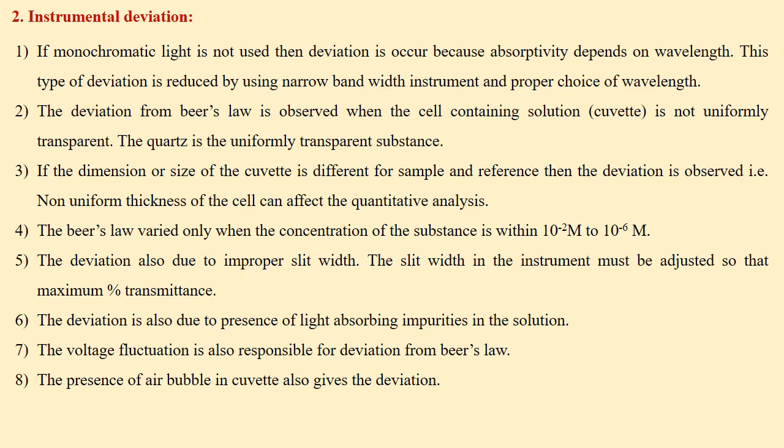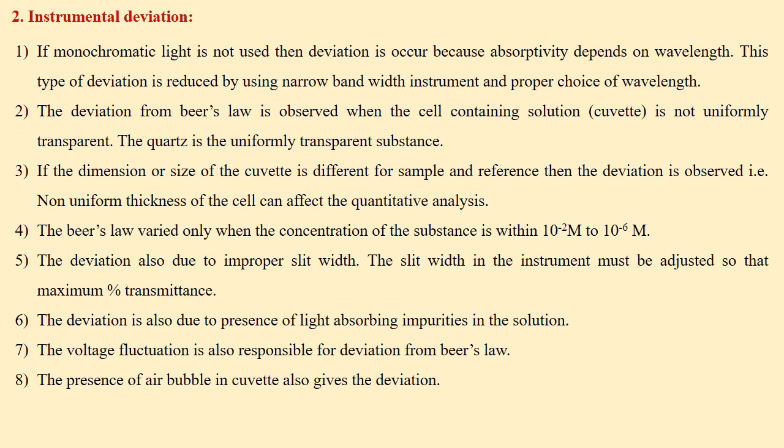Another example of instrumental deviation is that the cell containing the solution is not uniformly transparent. So try to use a uniformly transparent cell, that is, a cuvette. Generally quartz is a uniformly transparent substance. If it is not transparent, then there may be a change in reading or the reading becomes wrong.